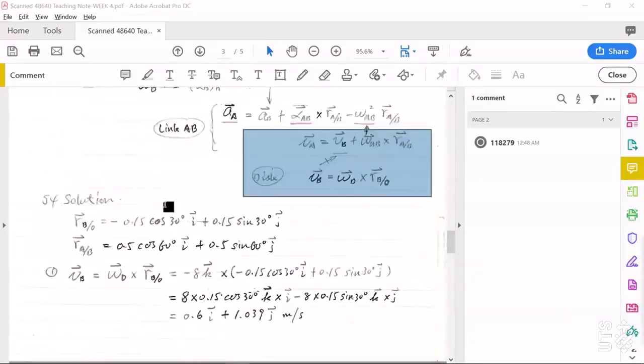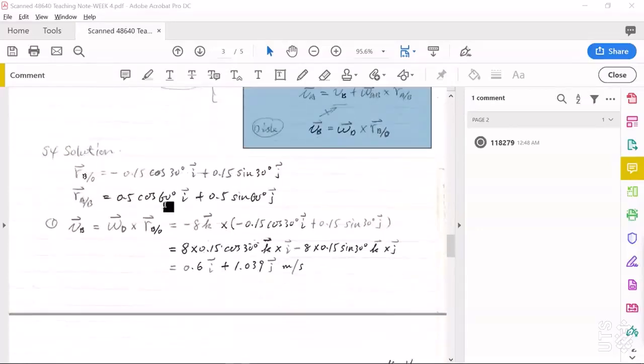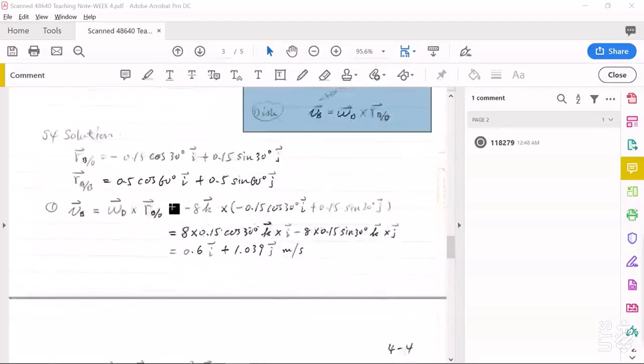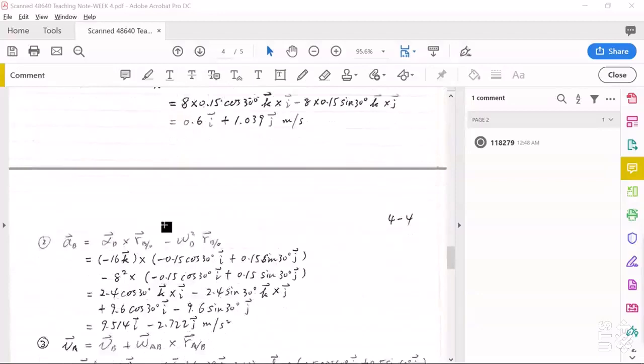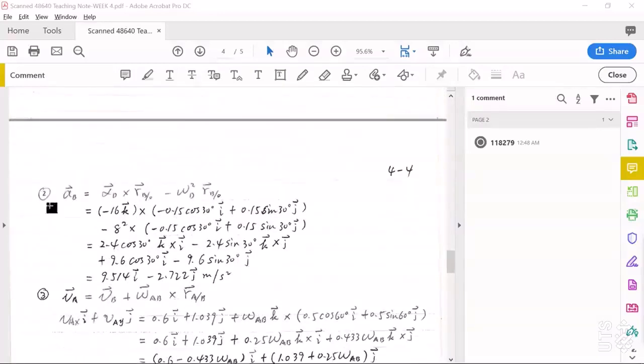Following will be the vector calculation. For this calculation, I'm not going to give detailed explanation. So firstly, this is velocity analysis, relative motion analysis of velocity. But if you don't like this method, you of course can use IC method. Then we work out VAB.